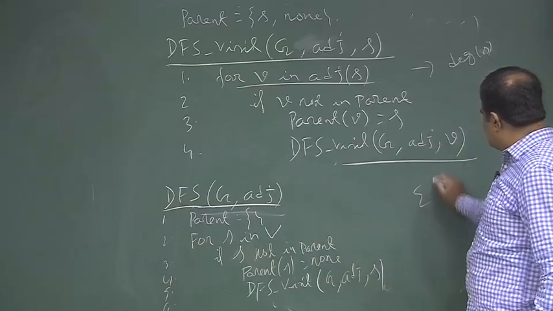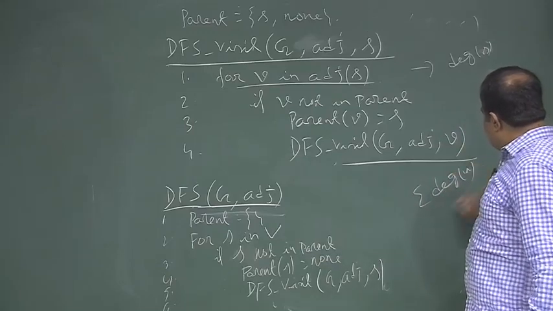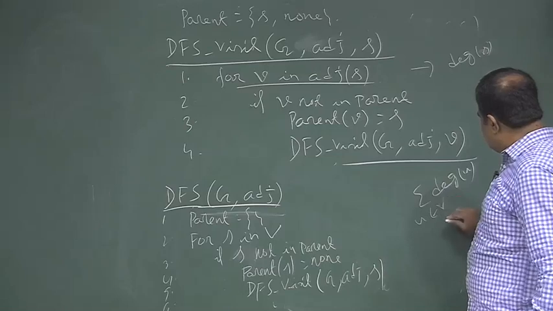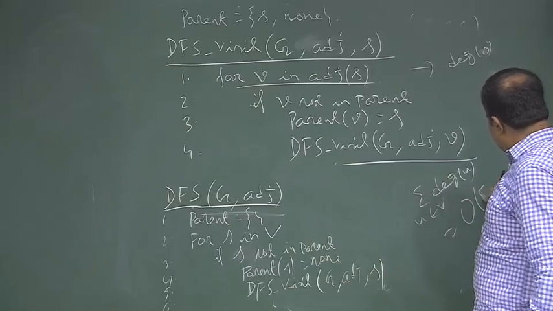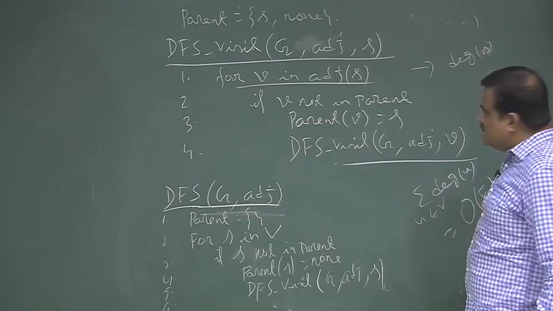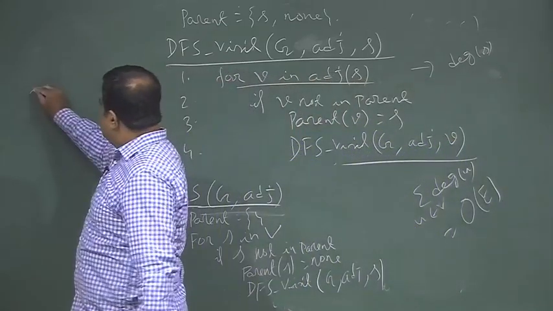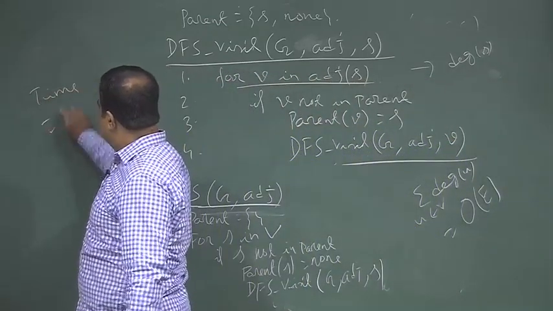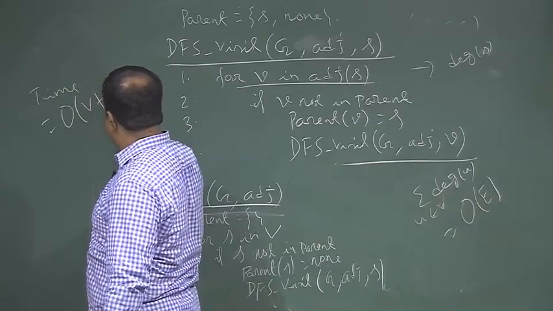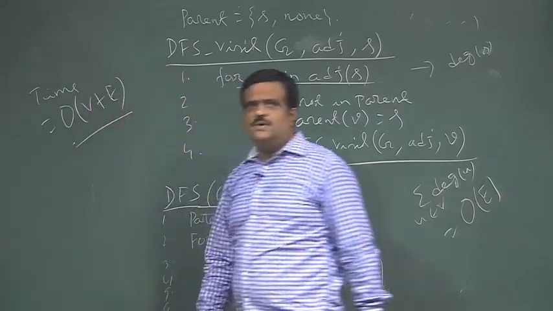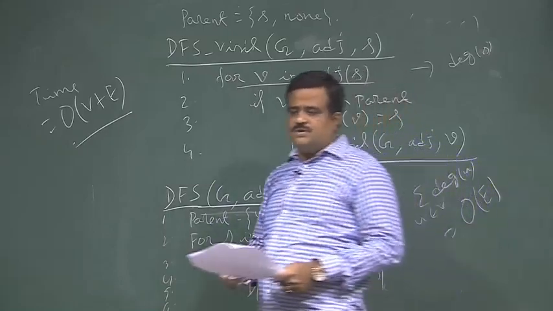So, basically the summation of the degree of U, for U belongs to capital V, is order of E, and since we are visiting all the vertices, the time is order of V plus E, because we have to visit all the vertices.